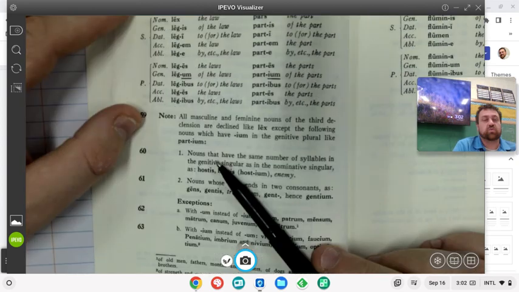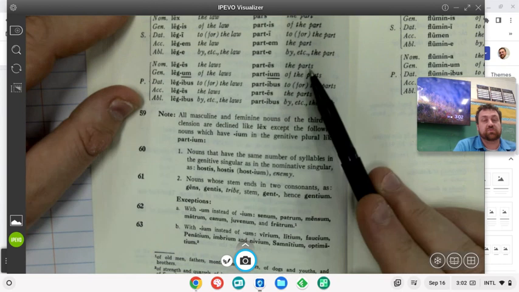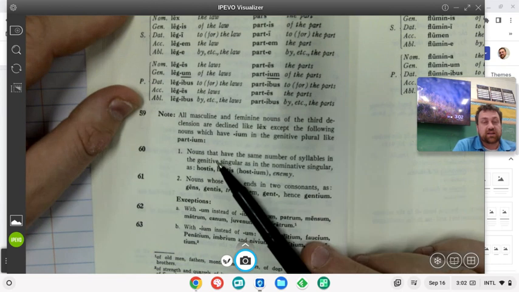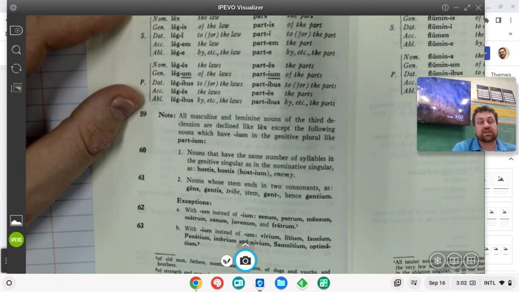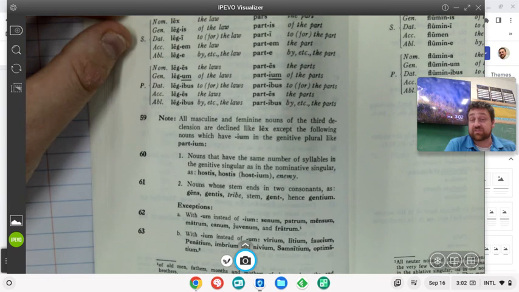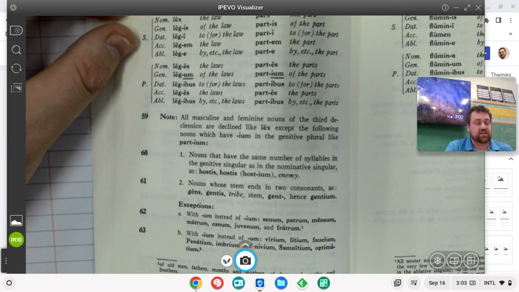Okay, what's one time that you know a noun is going to be declined this way? Nouns that have the same number of syllables in the genitive singular as in the nominative singular. So those are the two pieces of the dictionary form, right? The genitive singular and the nominative singular.